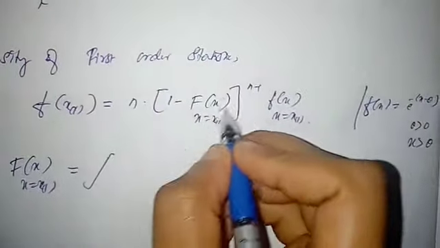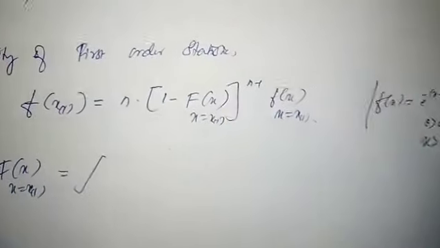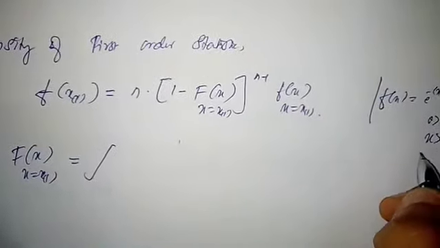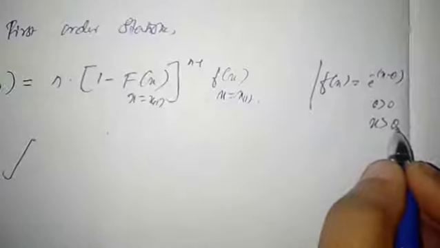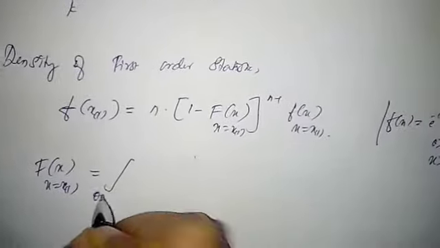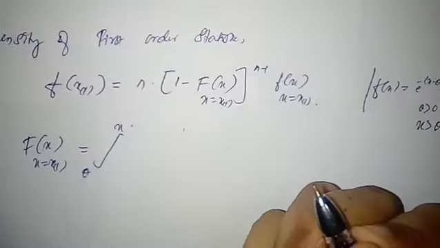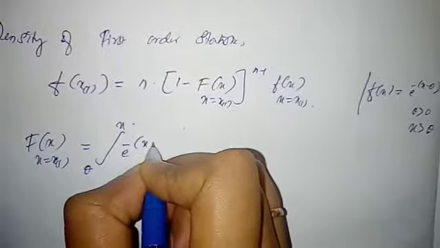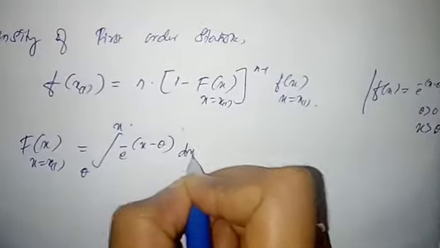So we have to find the distribution of x. Here x takes values from theta, that is theta to x. Then the density is e power minus x minus theta dx, right?